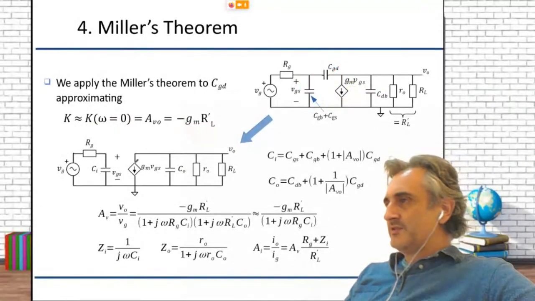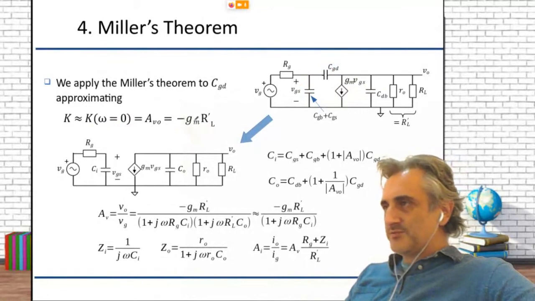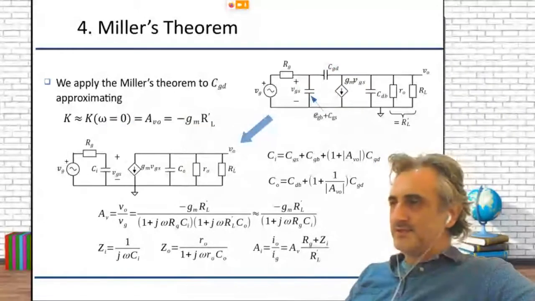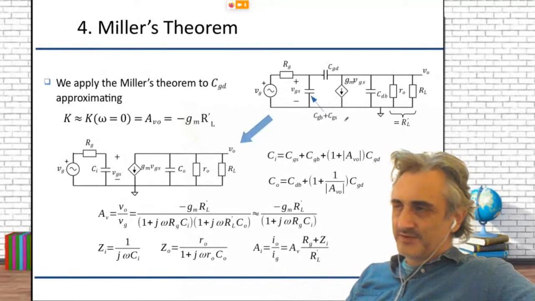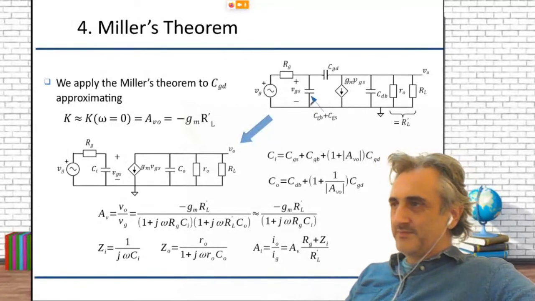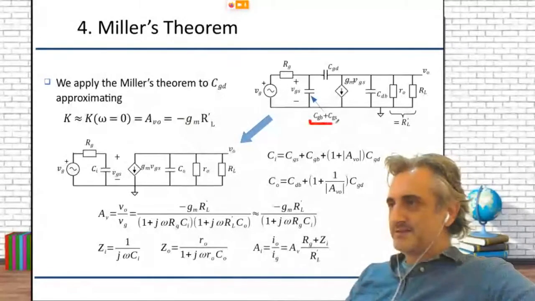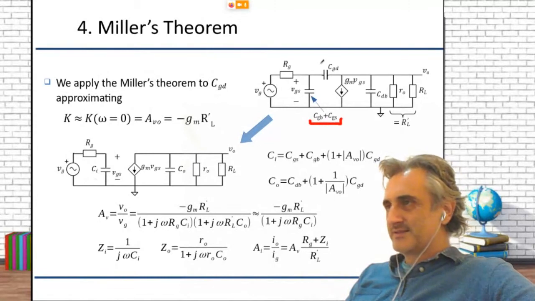So we calculate the gain here, and once we have it, we assume that this gain is more or less the gain we will be using. So we write this input capacitance, which is the addition of this one plus the Miller capacitance coming from here, which is 1 plus this.